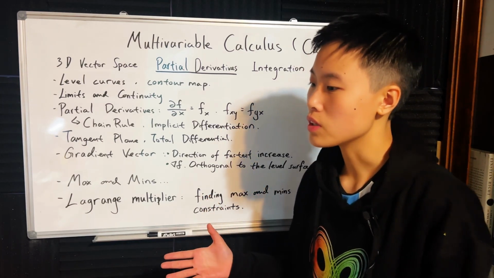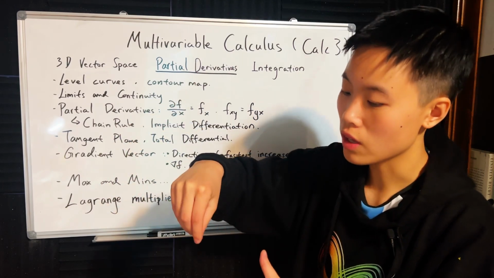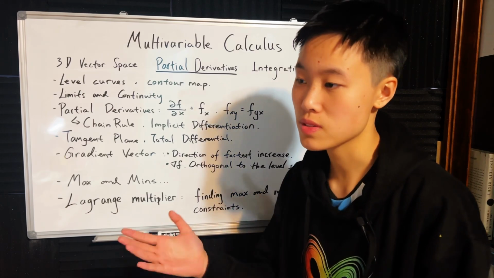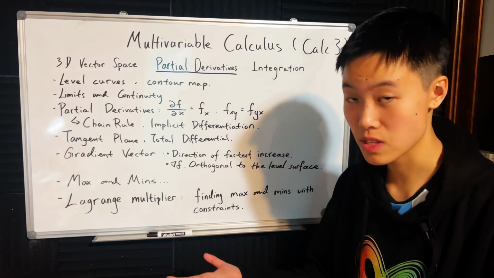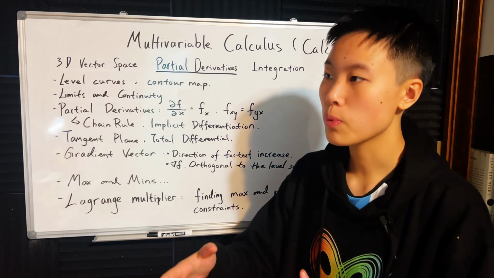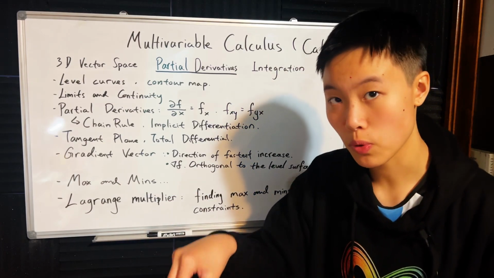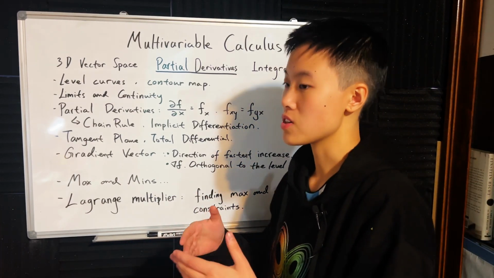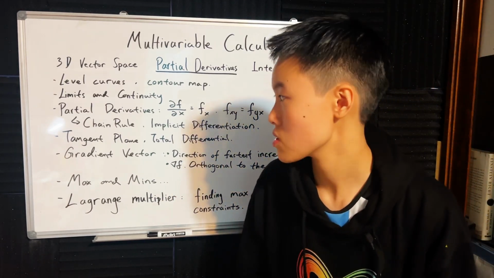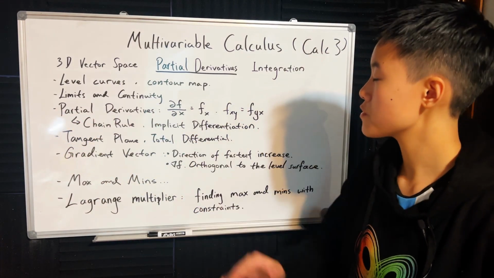But when we're talking about 3D surfaces, to check whether a limit exists at a point on the surface, we need to test through multiple lines, not just one, because that would not be sufficient to prove whether the limit exists or not. In order to prove a limit does not exist, you have to use multiple lines on that surface that pass through that point and test if they all equal each other. If they do, the limit exists. If they don't, the limit does not exist. Same as continuity.